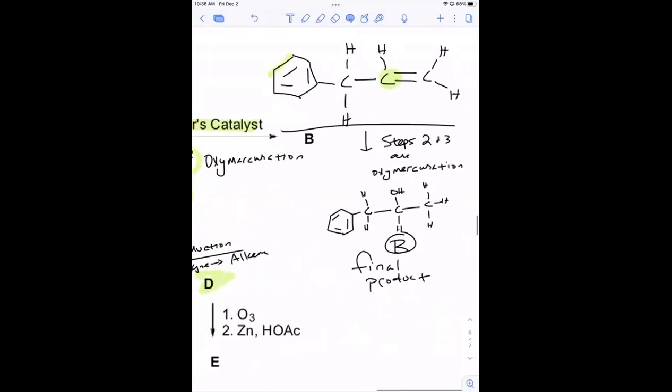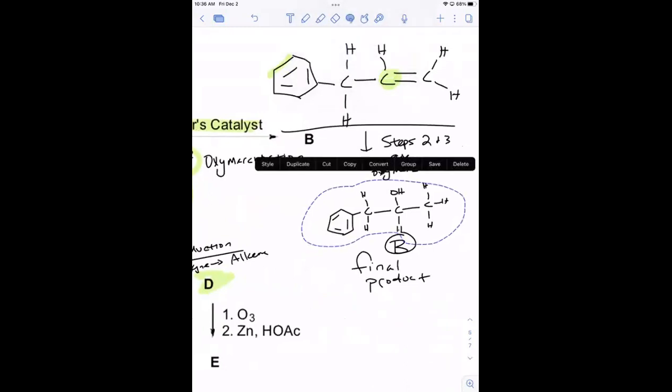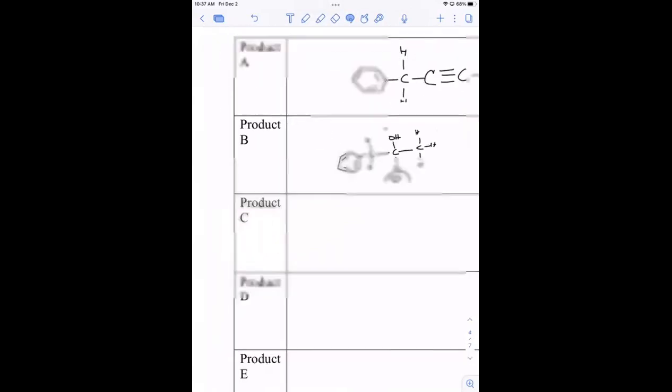So B, the final product for B, is this. Is that right?